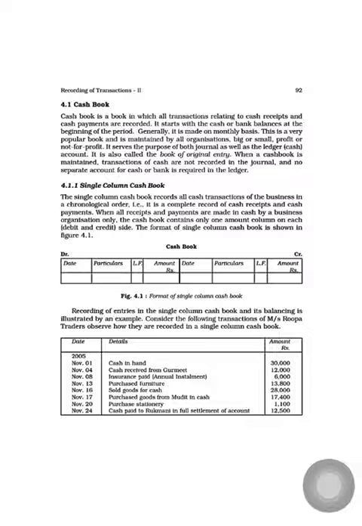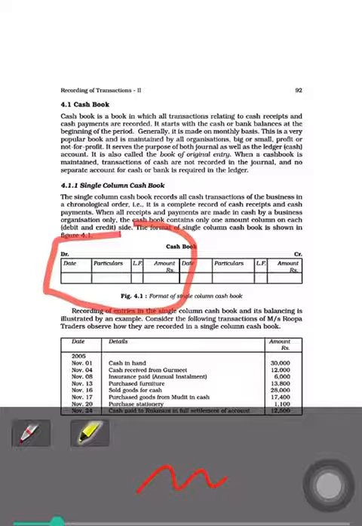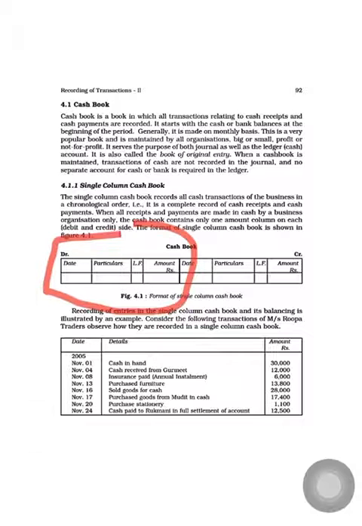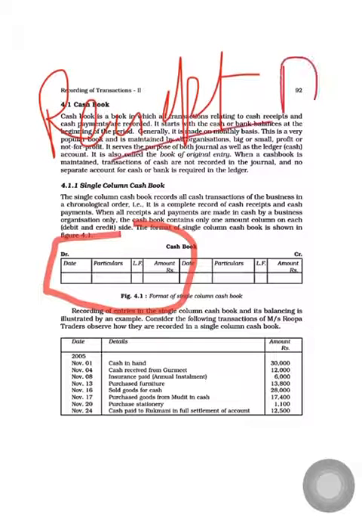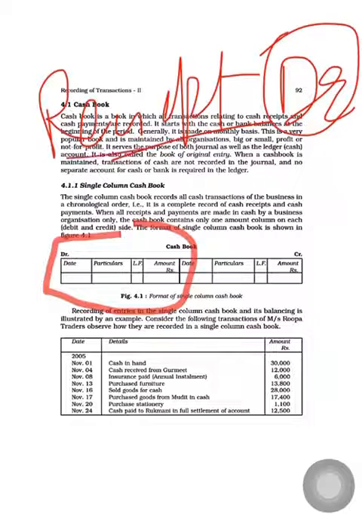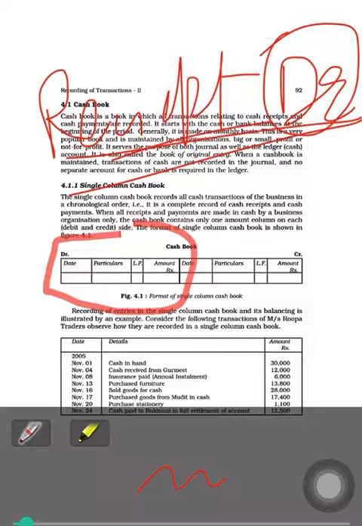Now, how will we make the entries and write the amounts? On the debit side, we will write all the receipts. Cash receipts will be debit, meaning when we receive cash in any form, it will be written on the debit side.